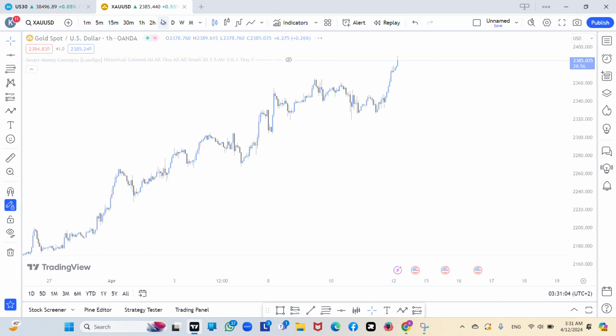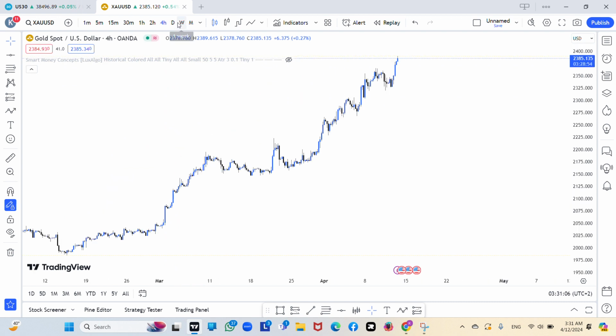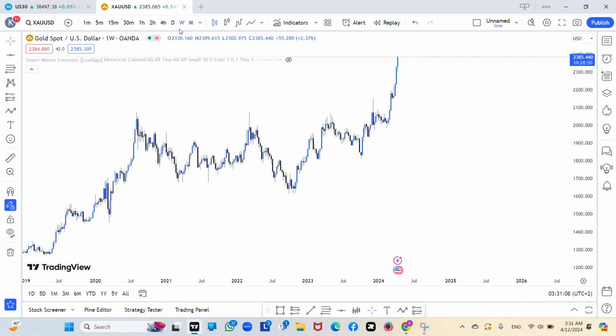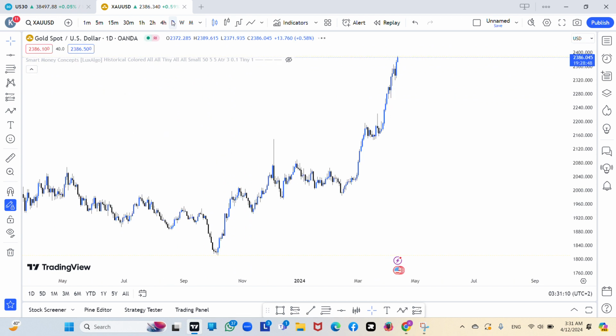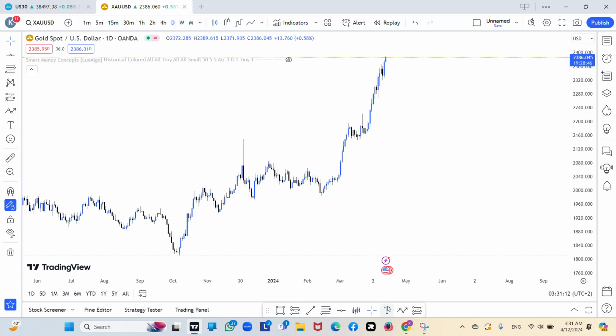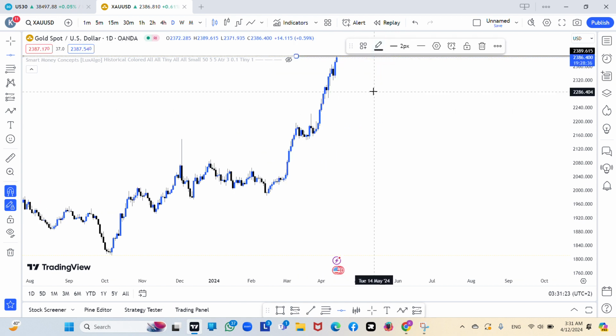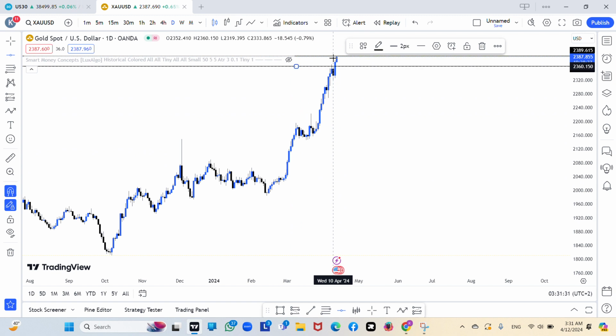So starting from the 4-hour time frame. In fact, let's go weekly. Okay, now daily. So in the daily time frame, let's mark our current highest point, and try to mark our support and resistance, guys.